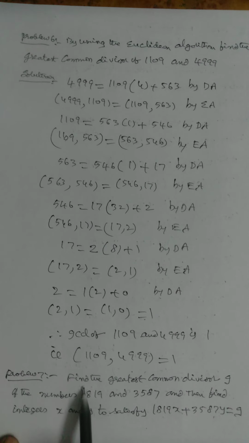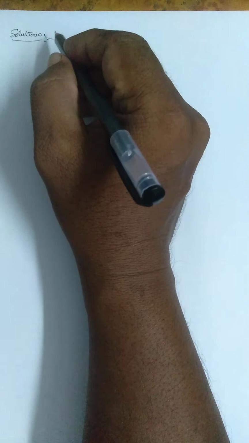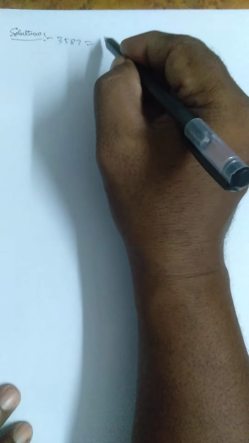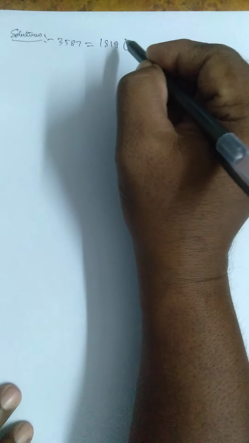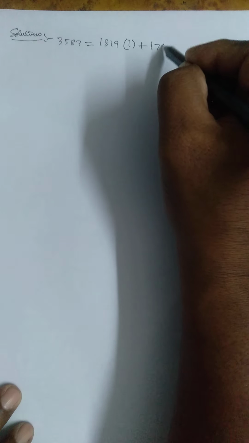Problem 7. Find the greatest common divisor G of the numbers 1819 and 3587 and then find integers x and y to satisfy 1819x plus 3587y is equal to G. So according to the given numbers, the big number is 3587, which is equal to 1819 into how many times? 1 plus remainder 1768.